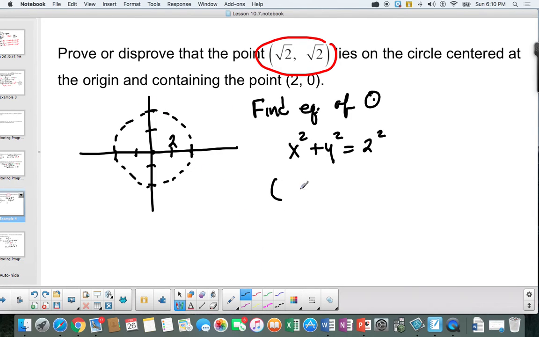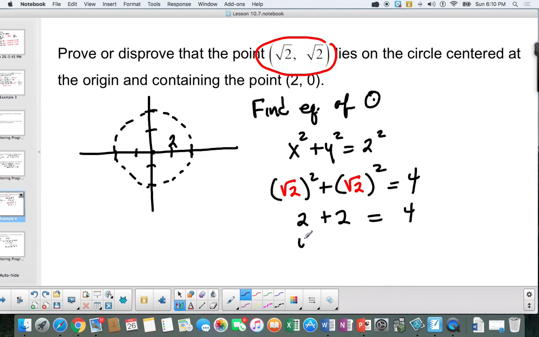So I'm going to substitute in for x and y and see if I get this answer. So I'm going to write root 2 in for x, root 2 in for y, and I get 2, and I get a 2, and I get a 4, and this definitely does equal, so we say yes, root 2 is part of the circle.